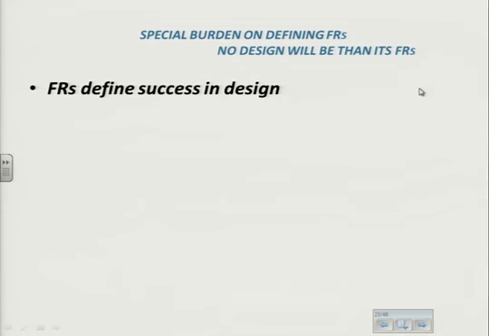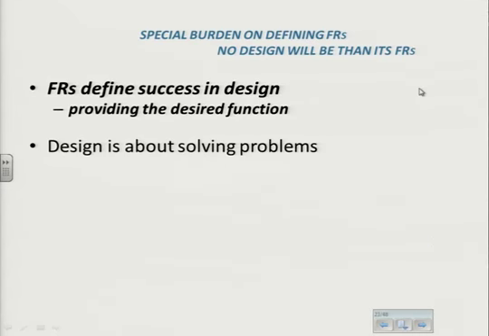So let's take a more detailed look at what FRs are. They define the success in design. There's a special burden on the FRs, or functional requirements, and no design can be better than its FRs. That's what we're saying the design is supposed to do. Here's where we're going with the design. So these are the functions that this design is supposed to fulfill.